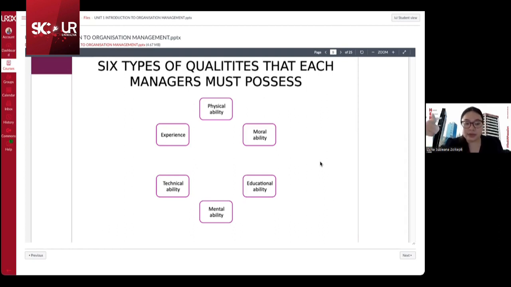And then the second one is conceptual skill. Conceptual skill means that having technical things alone is not enough. You need to know how to do things, and you also need an ability to make decisions, to focus, to analyze. All of this is conceptual skill.